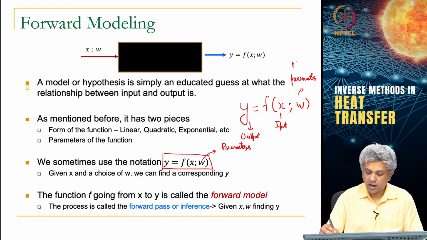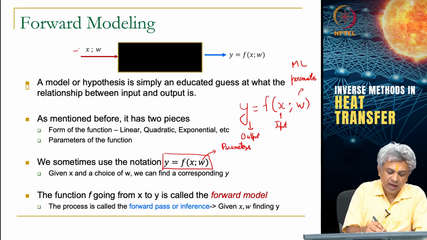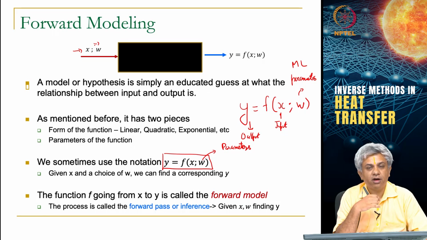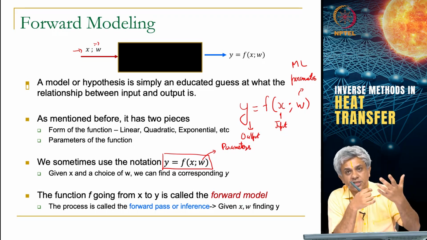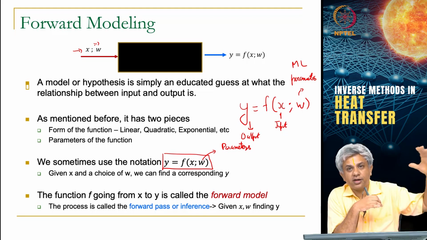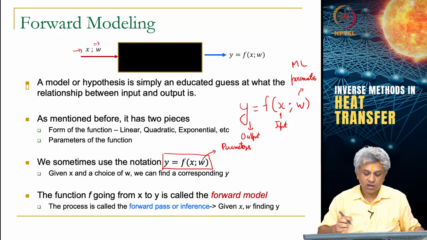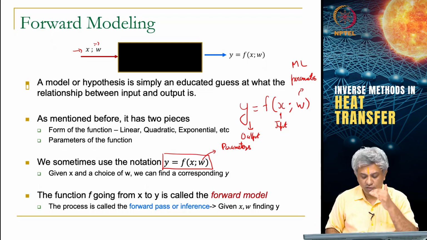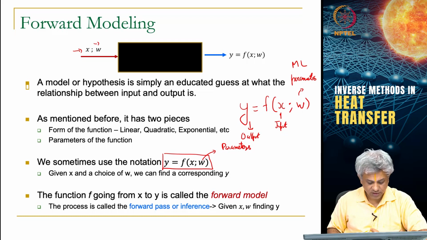These parameters are the machine learning parameters. When you are given x and you are given w, as we did earlier with nonlinear regression, you give a guess for a parameter and give an input, you find out what the corresponding output is. So, once you give the x and the w, you go forward, you do the forward model, and usually we have been doing this forward model through physics.